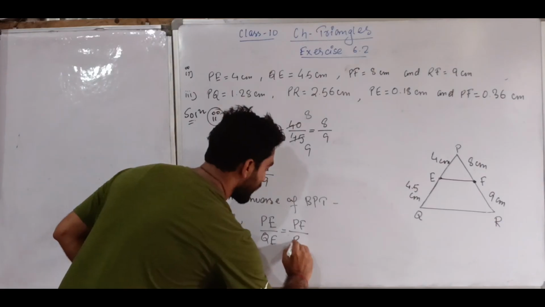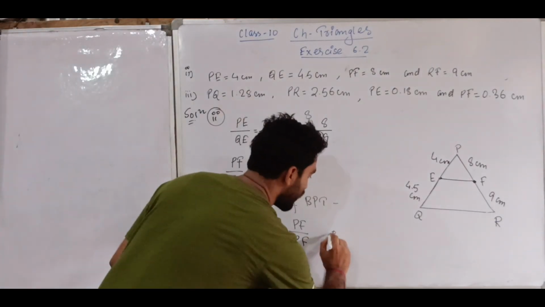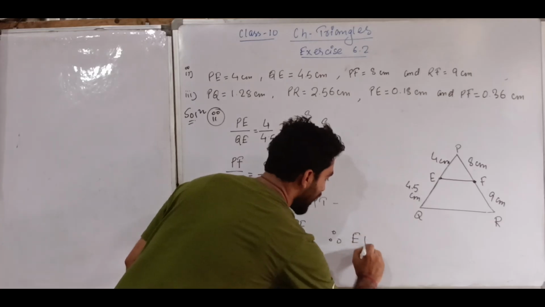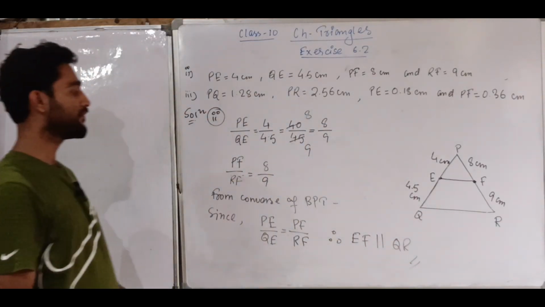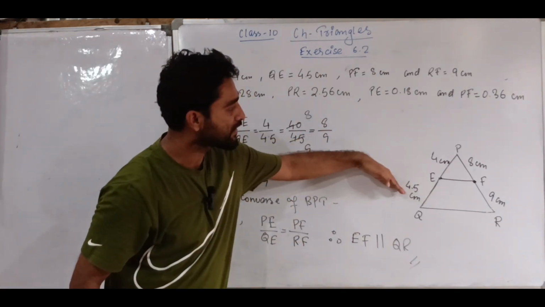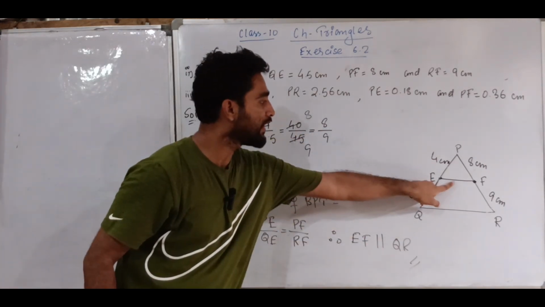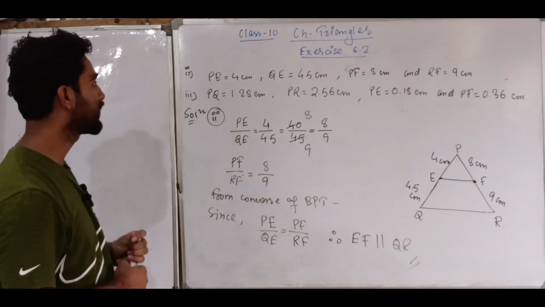So PF divided by RF. So their ratios are the same. Therefore, this EF is parallel to QR. Since the ratios of the sides are the same, that is why this EF is parallel to QR. Now let's see question number 3.